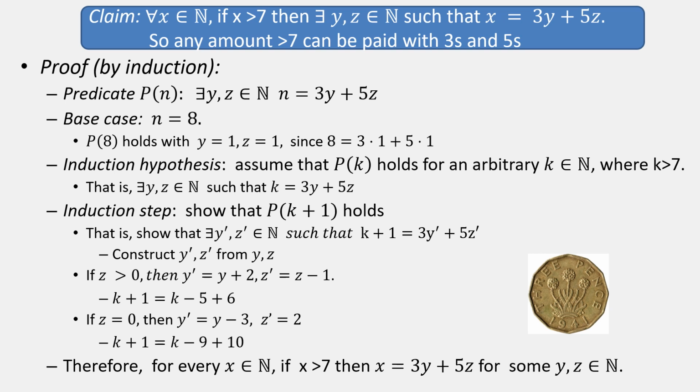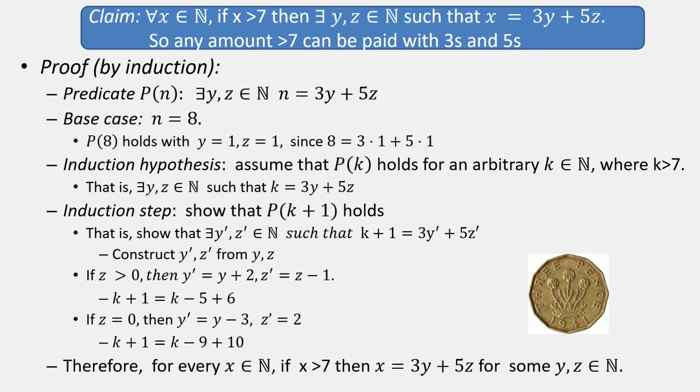So what is our predicate? Well, the predicate is everything after the for all and after the x greater than 7: there are y and z in N such that n is equal to 3y plus 5z.